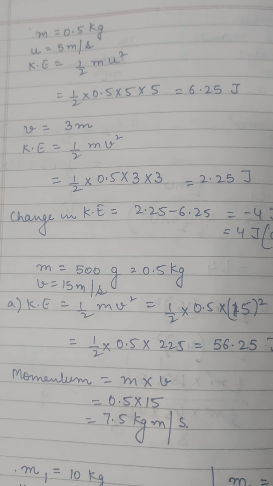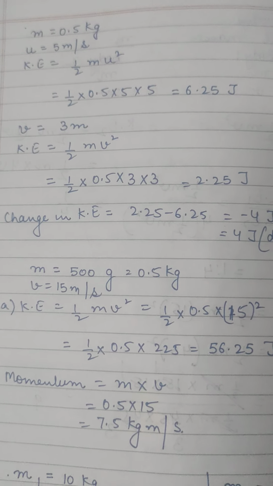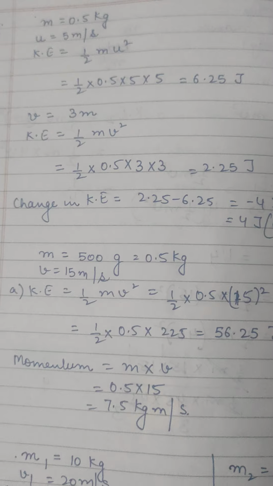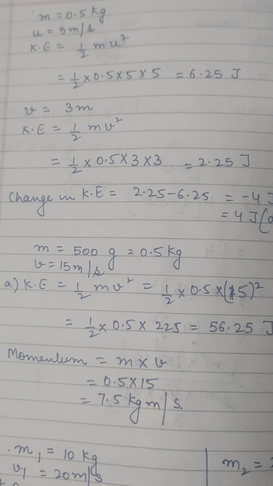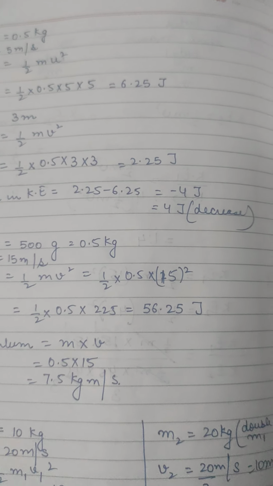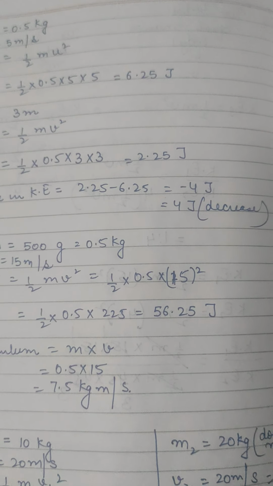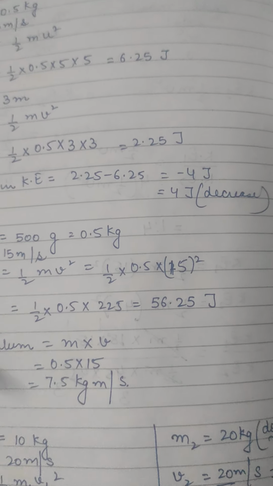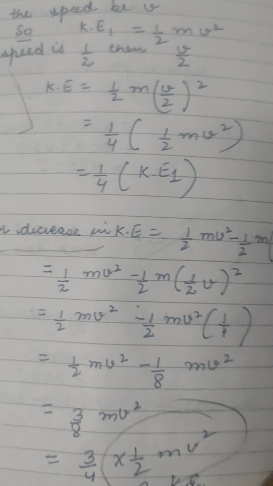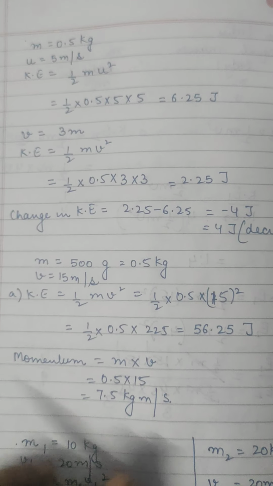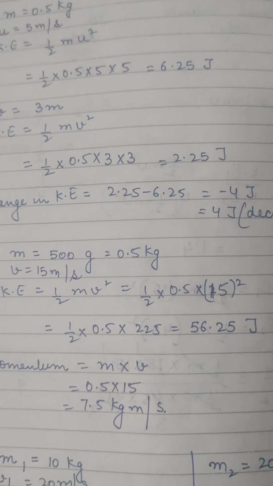First of all, kinetic energy of the first is half mv square, putting down the values when your velocity is 5 meter per second, and then v is 3 meter per second. Finding out the values, then subtracting the change, you will get the decrease. So that's on you how you want to do the question. You directly put the minus formula the way I have done, or you do it this way. What will be the change?